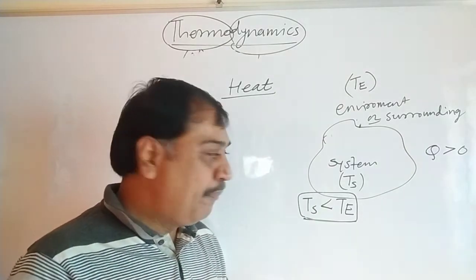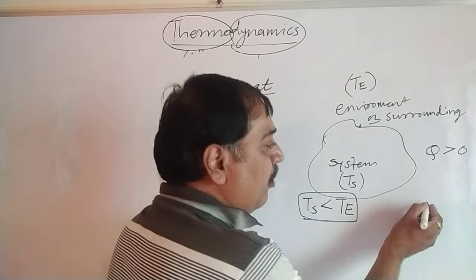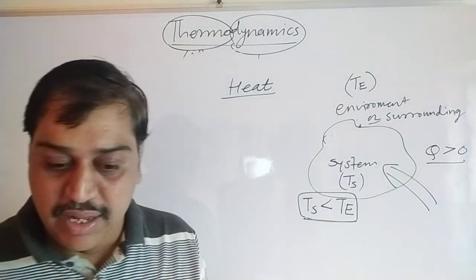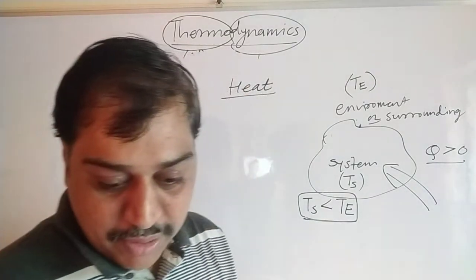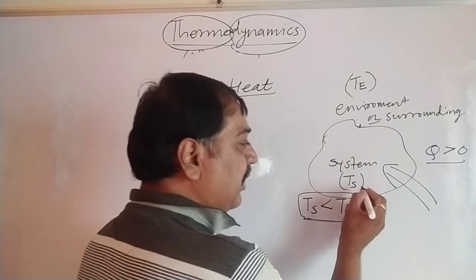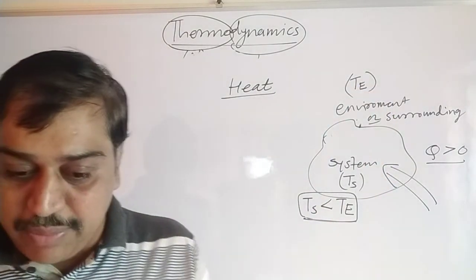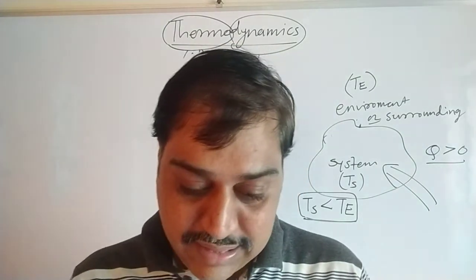Then the system absorbs heat from the surroundings, and the amount of heat absorbed Q is always greater than 0. After some time the temperature Ts increases and may become equal to Te, and we can say the system gains the energy.